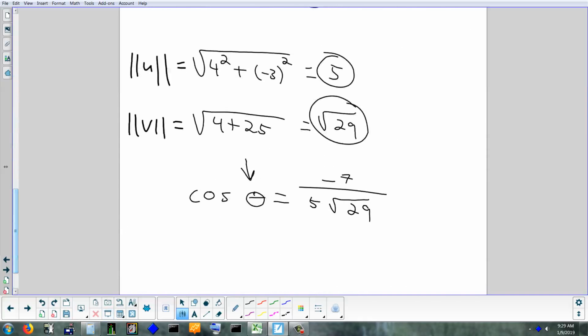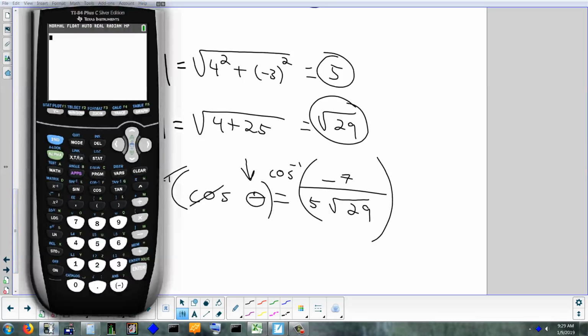Now, I want to get theta by itself. I don't want cosine there. So how do we get rid of cosine? Divide by cosine? Remember, cosine's a function, so you can't do arithmetic with a function. Inverse cosine? Yep, we're going to take the inverse cosine of what's on the left and the inverse cosine of what's on the right, and let's see if we get an angle that's kind of close to 90, if you're doing degrees.